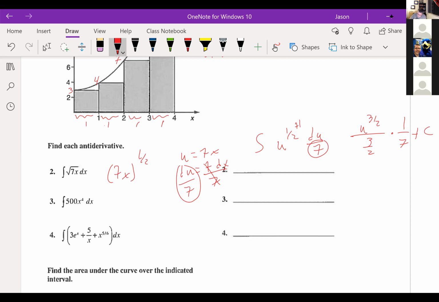Well, this 3/2 is going to flip upside down and give me 2/3. So this is going to be 2 u to the 3/2 over 3 times 7, which is 21, plus c. But what was u? u was 7x. So this is 2 times 7x to the 3/2 over 21 plus c. That's number 2 there.